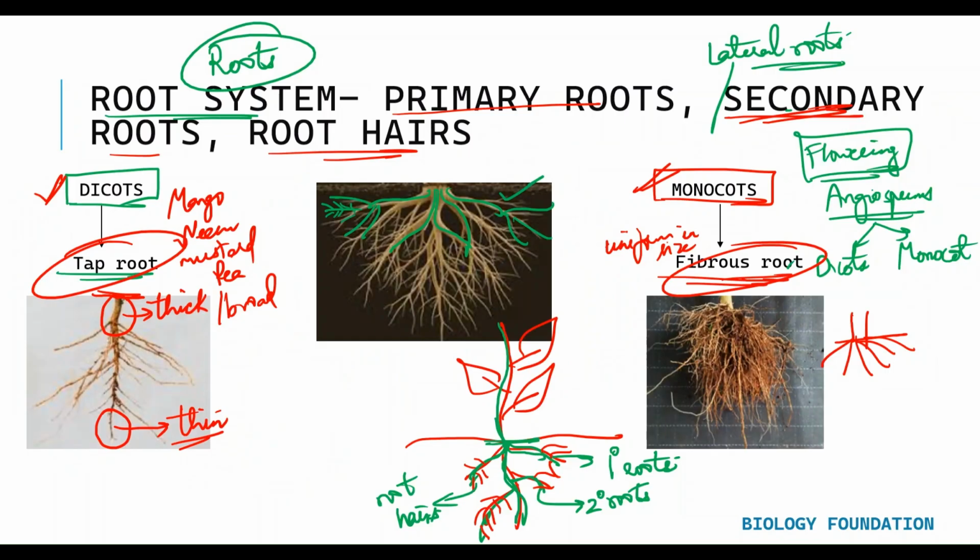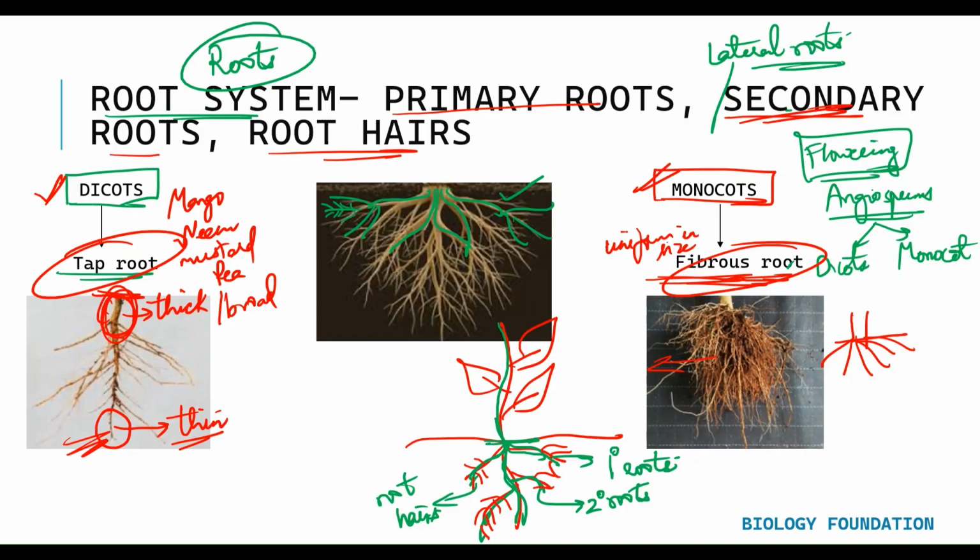Angiosperms can be classified into monocots and dicots. Dicots have taproot, monocots have fibrous root. Taproots have tapering ends, that is pinpointed ends, whereas the origin is quite thick or broad. Fibrous roots have a tuft of roots, a bunch of roots together, and these roots are uniform in size.